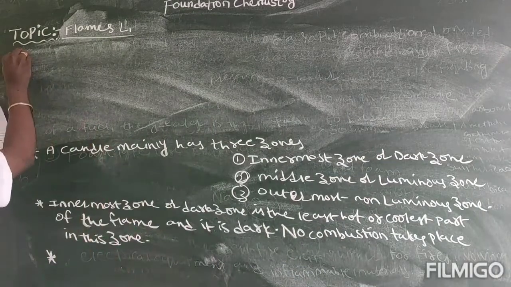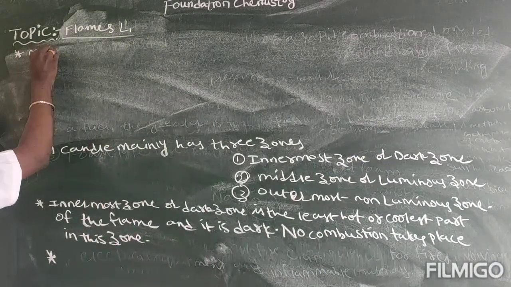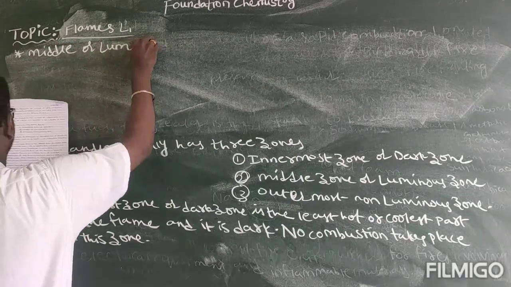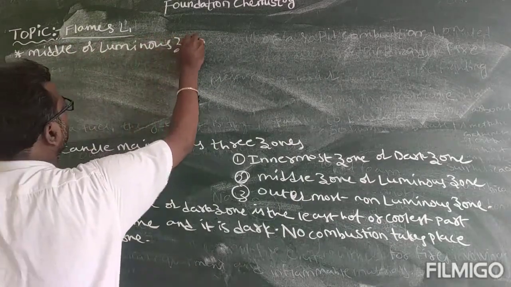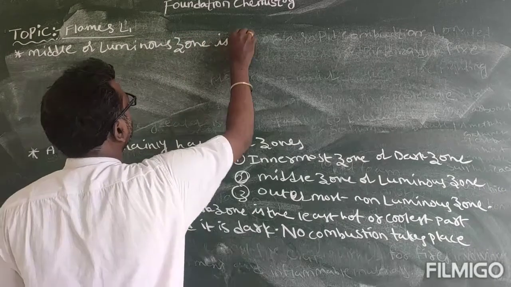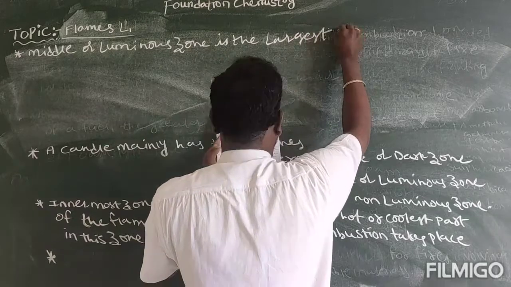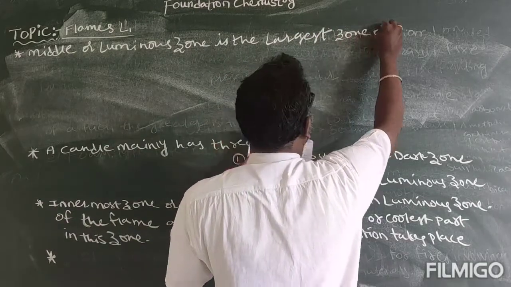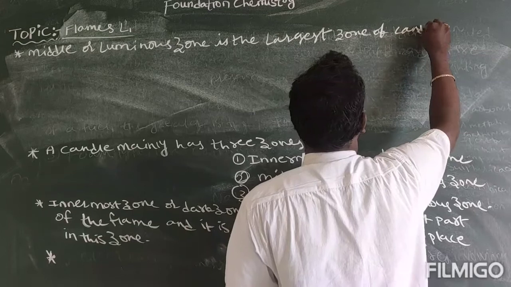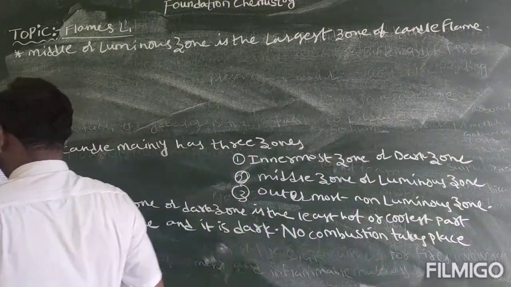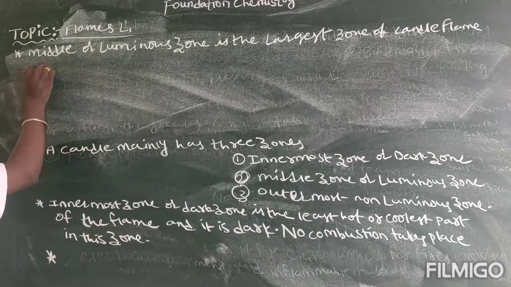Middle or luminous zone: the luminous zone is the largest zone of the candle flame and is moderately hot.